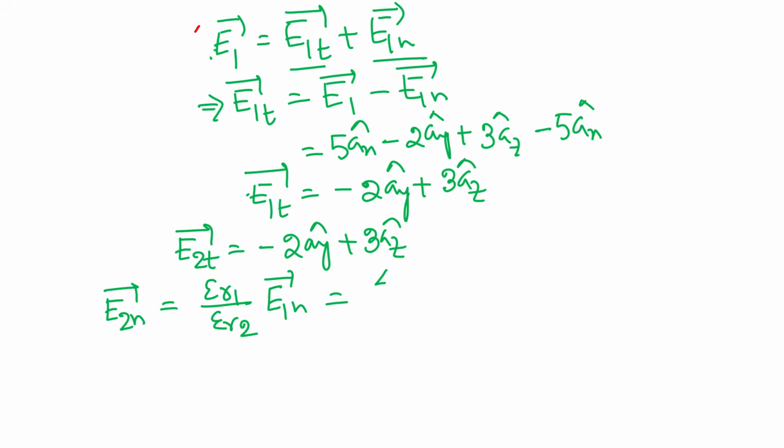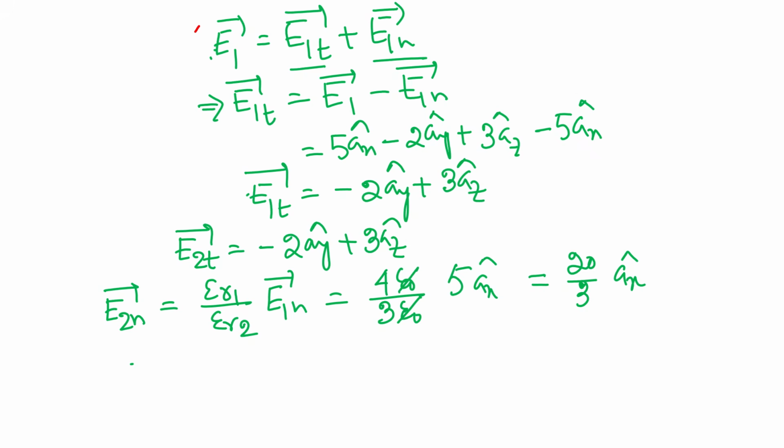This is given as 4 epsilon naught, this is given as 3 epsilon naught, multiplied by E1n vector, which is your 5ax cap. Okay, so epsilon naught will get cancelled out. So what we are left with is 20 by 3 ax cap. Okay, so this will be my E2n.